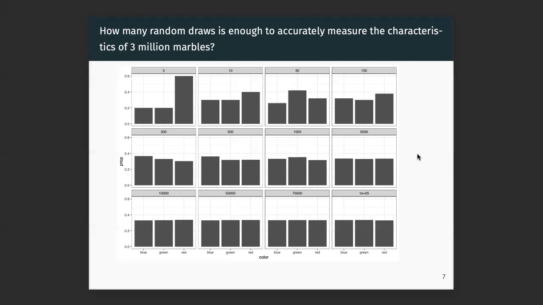right? Now we know the truth here. What is the truth? Mu red equals 0.33. Yeah, we'll just round. 0.33. So our sampling error, call it error, equals X bar red minus mu red, or 0.6 minus 0.33.